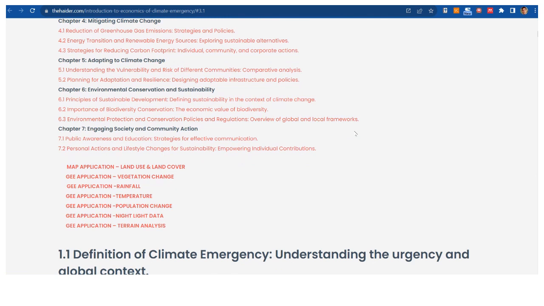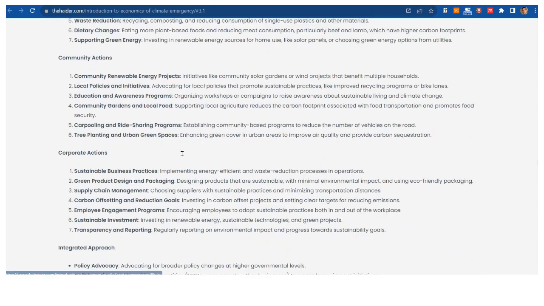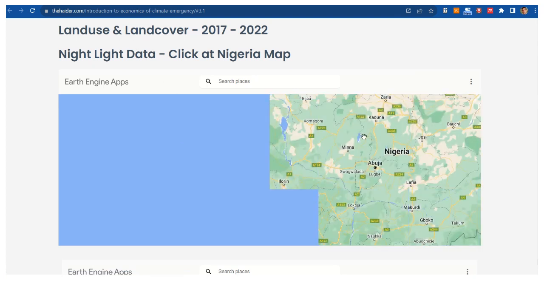You will find some applications here, and these applications will give you the power of knowing the land use and land cover, vegetation change, rainfall, and temperature. All these aspects are very important for you. If you want to know the land use and land cover of any place, you click at this application, land use and land cover.